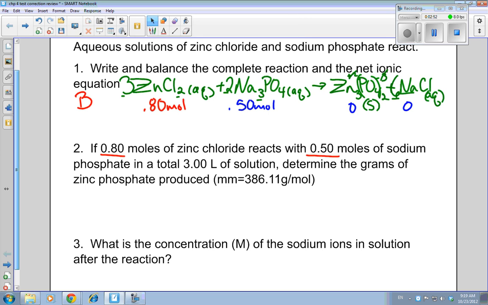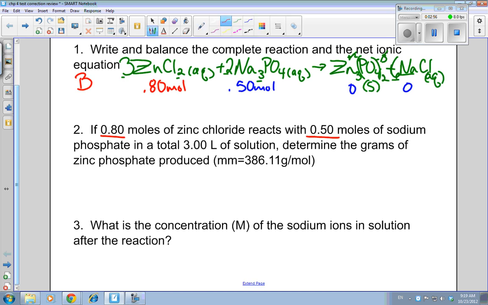So the way I'm going to determine that is I'm going to take a look at this 0.8 moles of my zinc chloride, and I'm just going to convert it, and let's do a little conversion factor using the coefficients. I know that for every 2 sodium phosphates, I have 3 zinc chlorides.